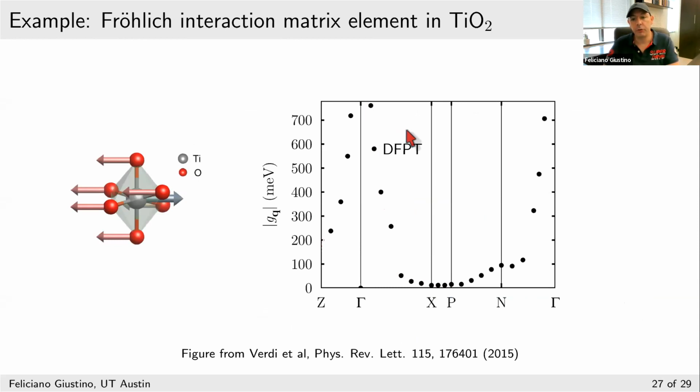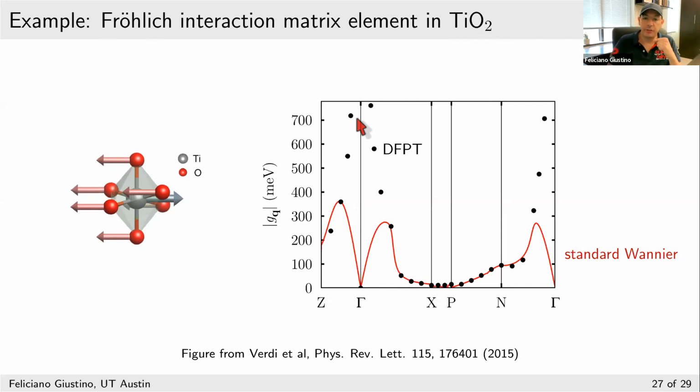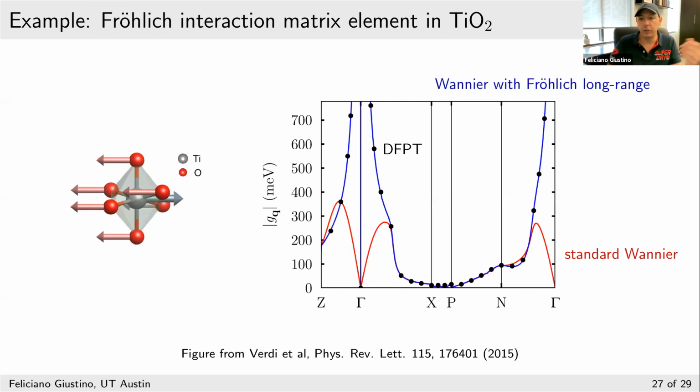If you attempt a Wannier Fourier interpolation, using the formula I gave you earlier, you will see that away from q equals 0 the interpolation works fine. But near q equals 0, you have a problem. You cannot capture this singularity because this kind of physics is simply not included. So the strategy developed by us and other groups in the past few years is to treat these singularities in an analytical way.